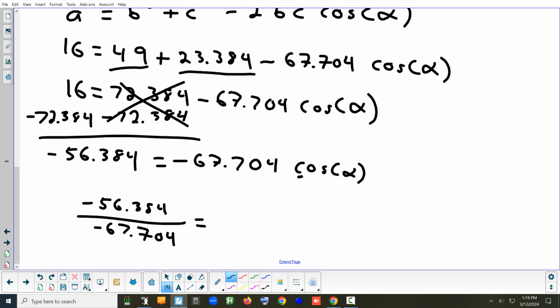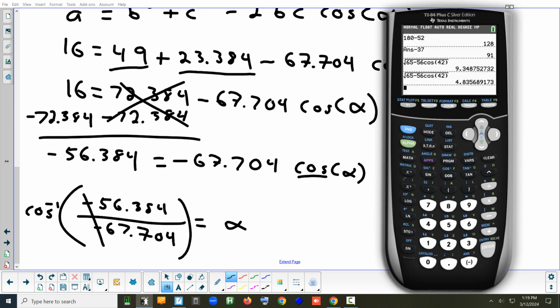And let's get rid of cosine at the same time. How do you get rid of cosine? Yep. Inverse cosine. So negative divided by negative, that's going to cancel. And it's going to be the inverse cosine of 56.384 divided by 67.704.